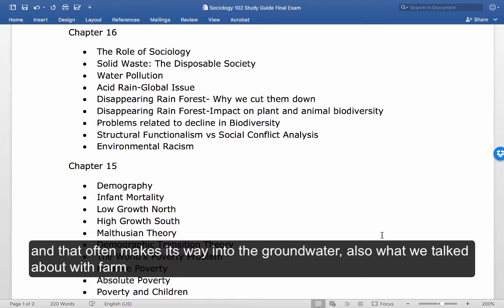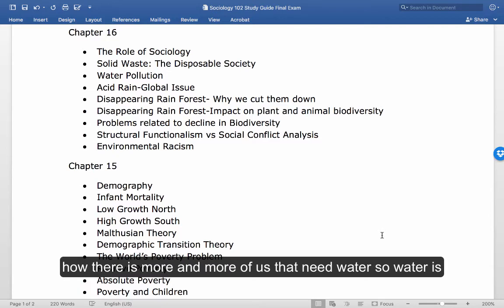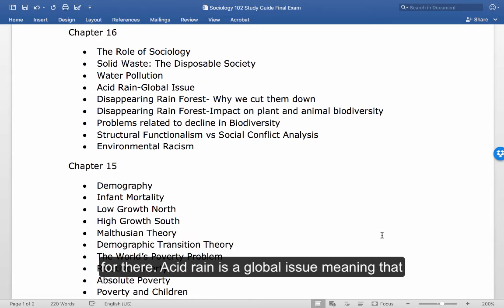Also, what we talked about with farmlands, washing into the ocean and creating dead zones, and how there's more and more of us that need water, so water is a problem of just accessing it. So anyway, those kind of things is what I'm looking for there.